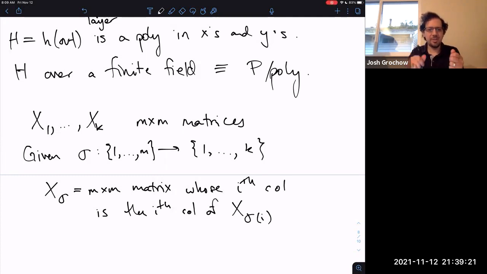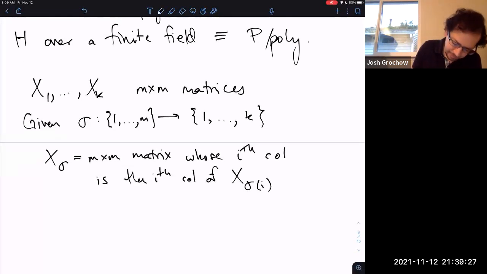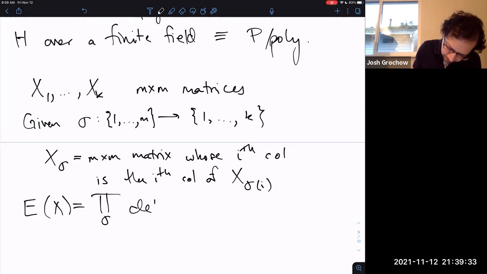So I'm piecing together this matrix by choosing columns from these K matrices. And then E of X will be the product over all such sigma of the determinant of this.